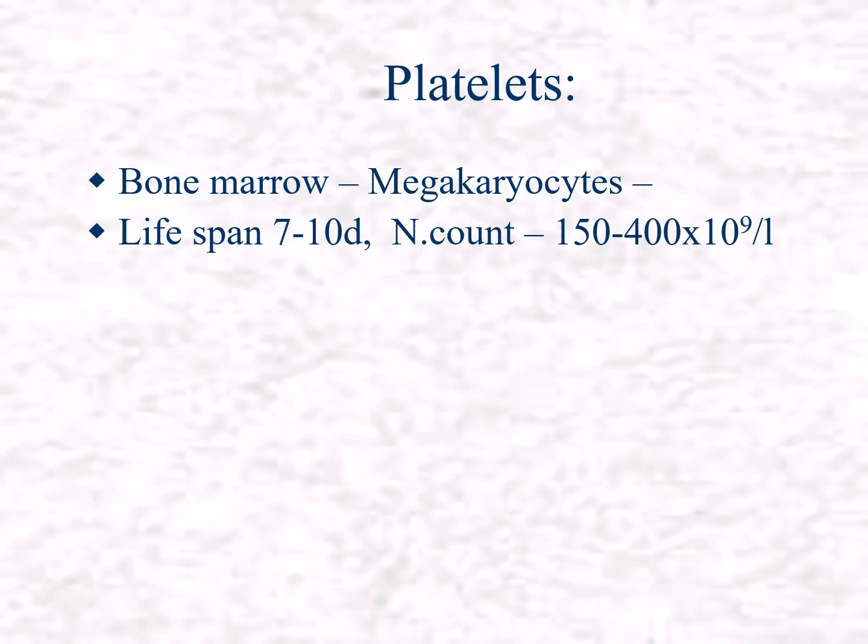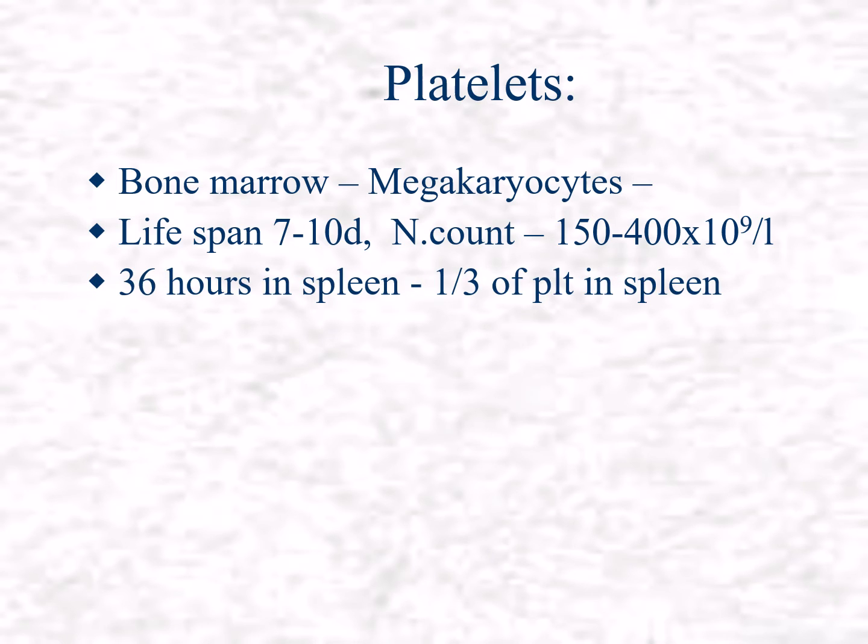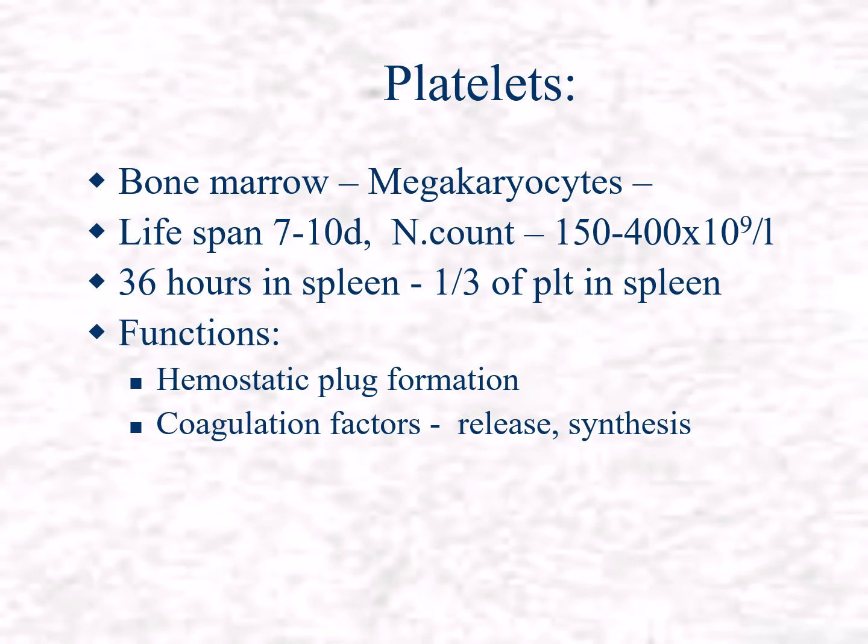The platelets, the smallest blood cells in the blood, are formed in the bone marrow, resulting from the fragmentation of the largest cells in the bone marrow, the megakaryocytes. They live for about 7 to 10 days, and normally we have about 150 to 400 times 10 to the 9th per liter. This is the normal count.